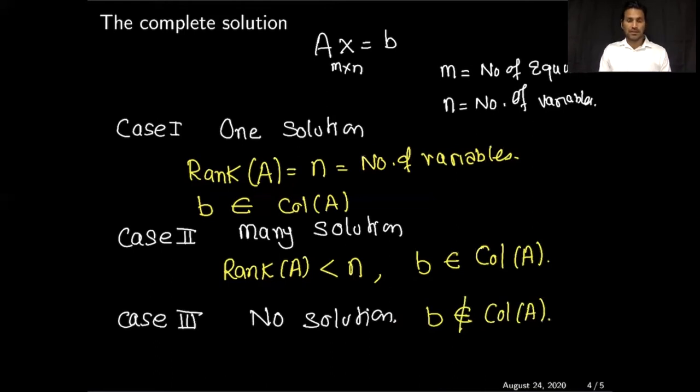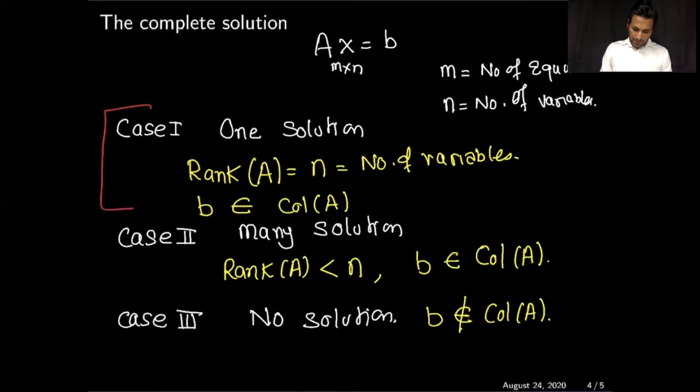So these are the three basic cases which you will encounter solving any linear system with any number of equations and any number of variables. In previous videos, we have almost discussed all three cases, but in this video, I will go into more detail.